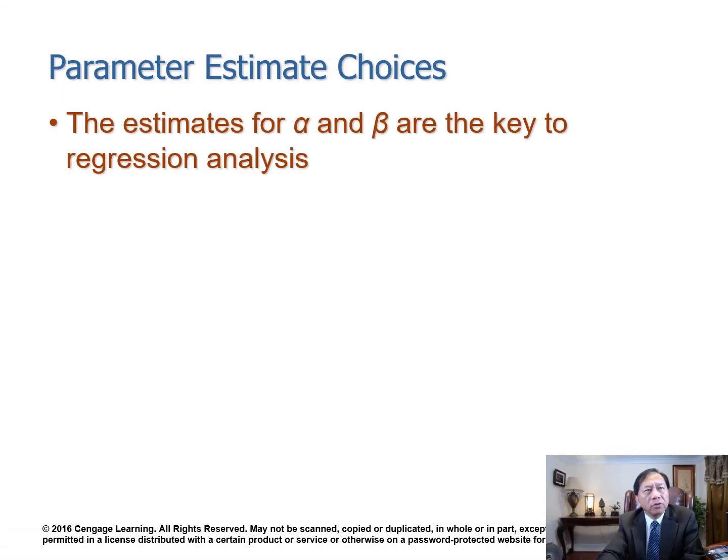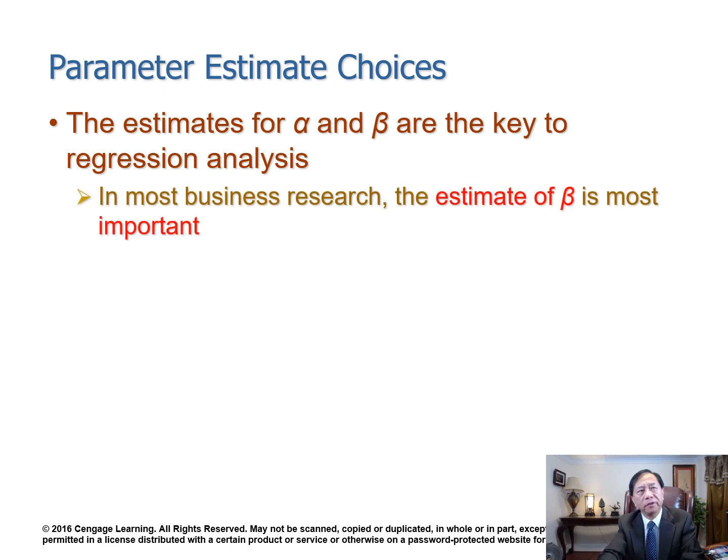Parameter estimate choices. The estimates of alpha and beta are the key to regression analysis. We're anticipating a straight line, linear relationship, right? Then what is the intercept? What's the slope of the line? That is alpha and beta. In most business research, the estimate of beta is most important. The alpha is a constant.